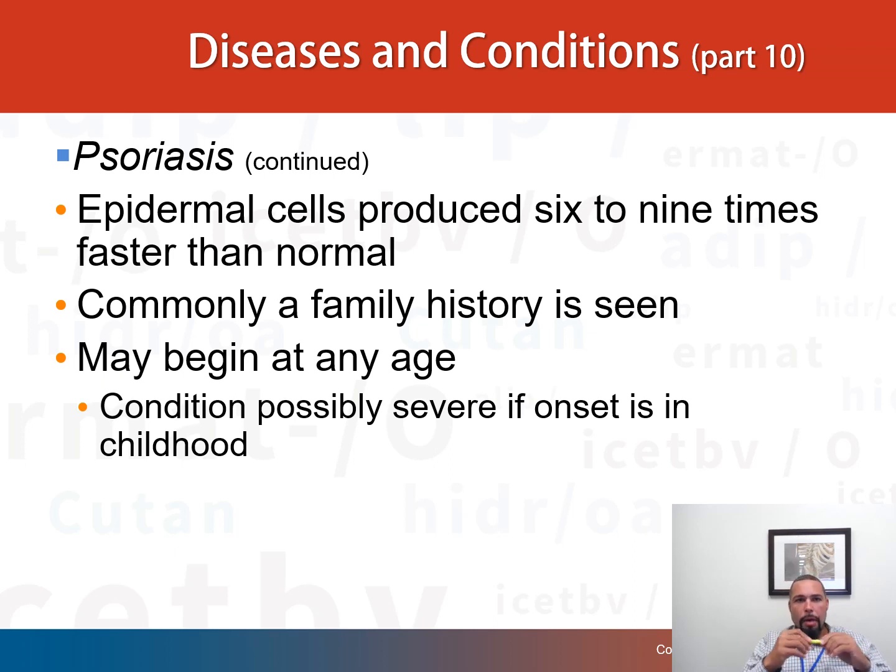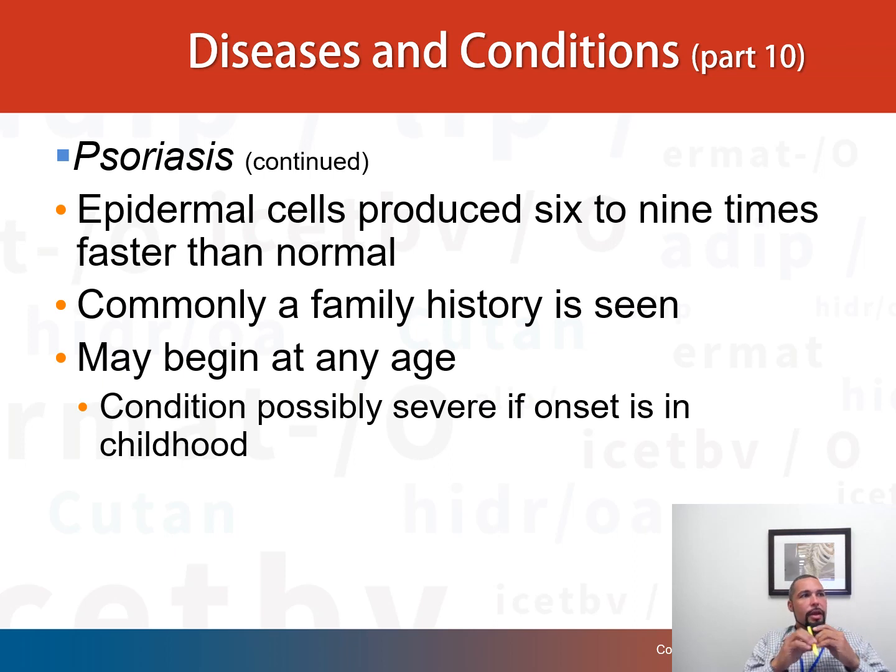So probably mom or dad had it and now they have it. It may begin at any age. I know you can imagine how scary it would be if you're a 20-year-old female that has never had this condition, and out of left field, you wake up one morning and you have this redness and plaque thing growing on your hand or on your back or on your chest.